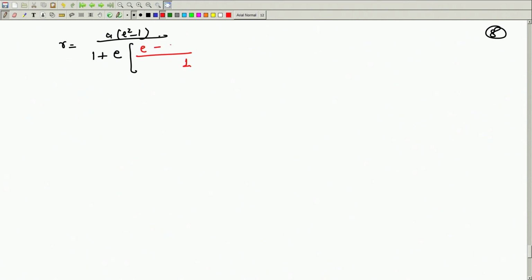So, we will show that this is cos hyperbolic f, and here cos hyperbolic f multiplied by e.